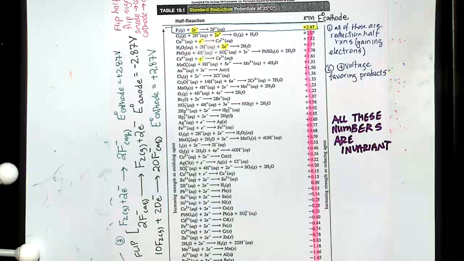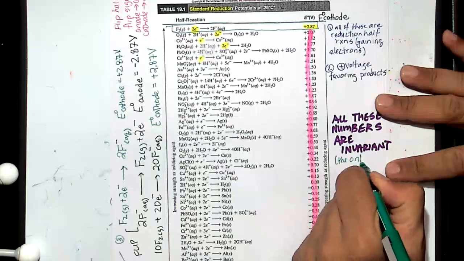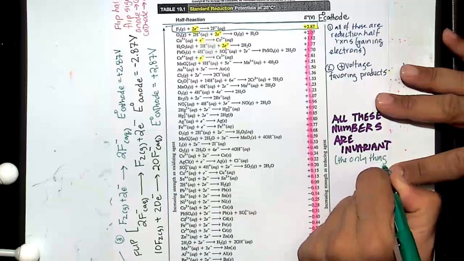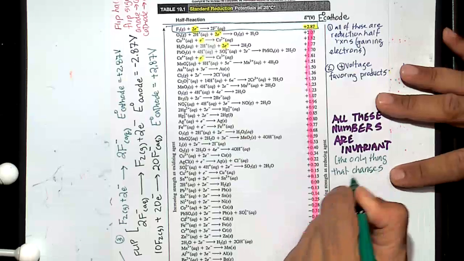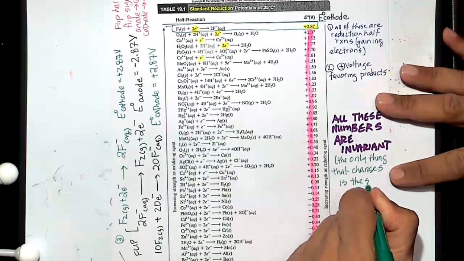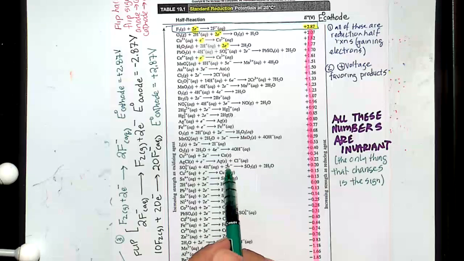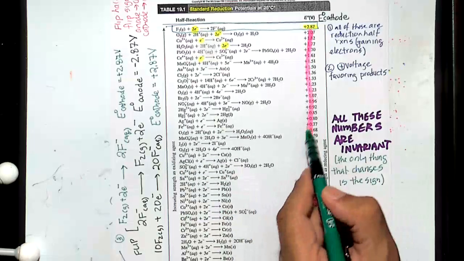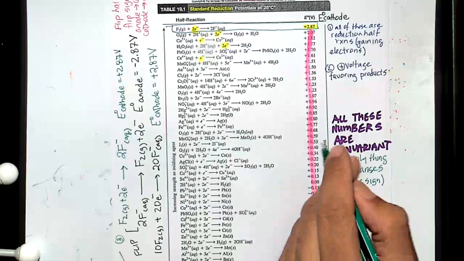So all these numbers are invariant. They do not change. The only thing that changes is the sign, positive or minus. So you can multiply all of these by 10, as Bailey did, or 100, or whatever. It will still be the same. That's rule number 4.